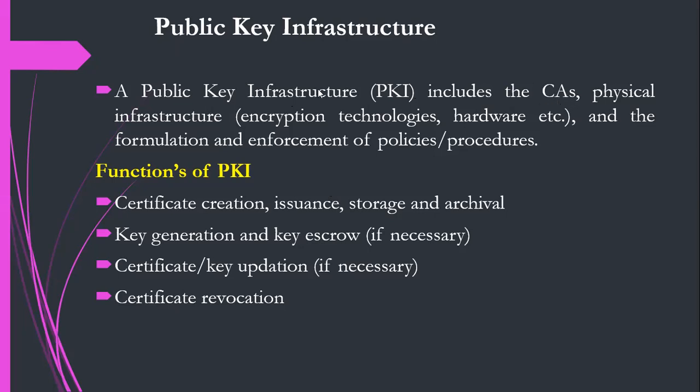It is not that only one certificate authority will be there; more than one can be involved. Then the physical infrastructure, that is encryption technologies like RSA, DSA, and the hardware also, etc., and the formulation and enforcement of policies and procedures. Till now we have been talking about only the sender and the receiver and the keys involved.